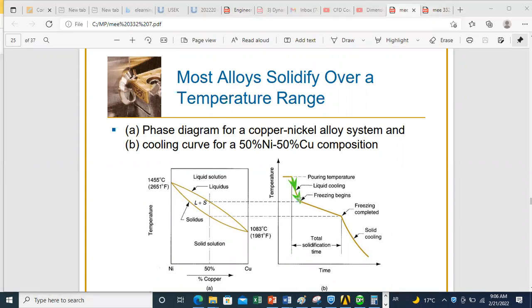Suddenly, when you start to have change of phase, your slope is much smaller in absolute value. This is because during phase change the heat is absorbed, and if it's a pure metal, it is just absorbed as latent heat, and this leads to the change of phase.